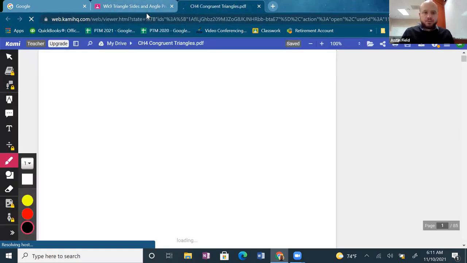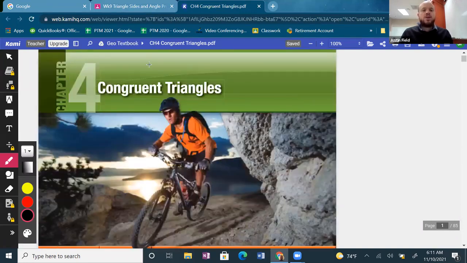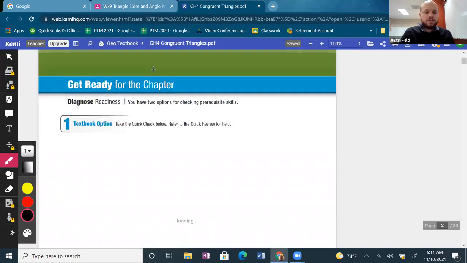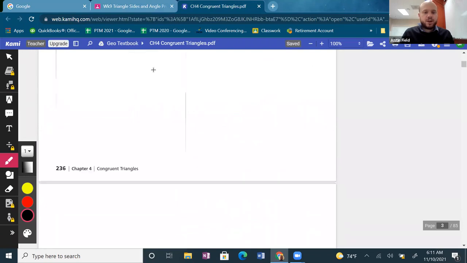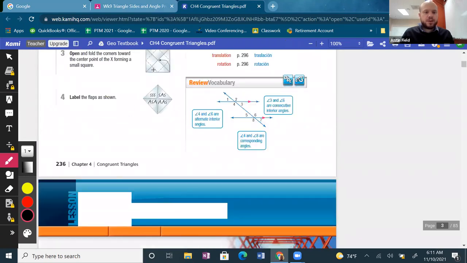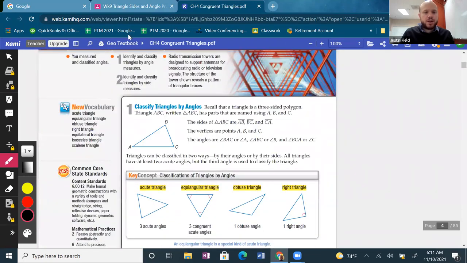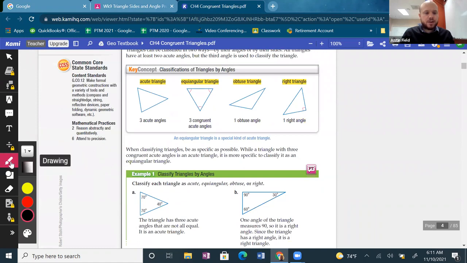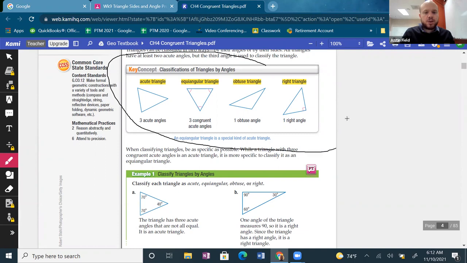Make sure that you write it down in your notebook right now. The different key terms here, I'll circle them. This should be in your own notebook. You have acute triangles. Their definition is right here. Equiangular, everyone say equiangular. There are three congruent acute angles.